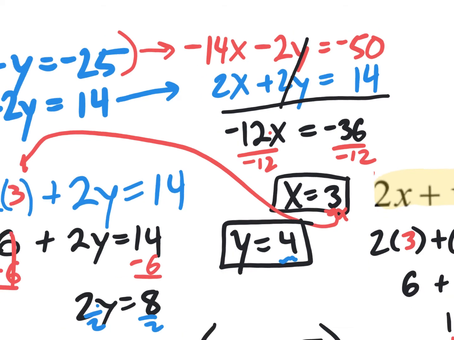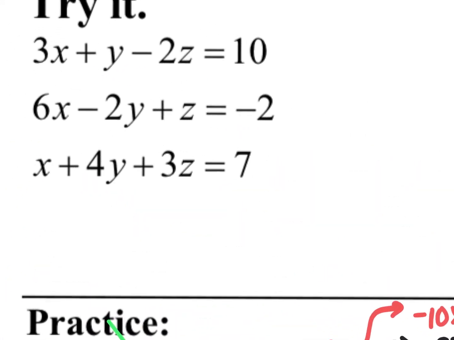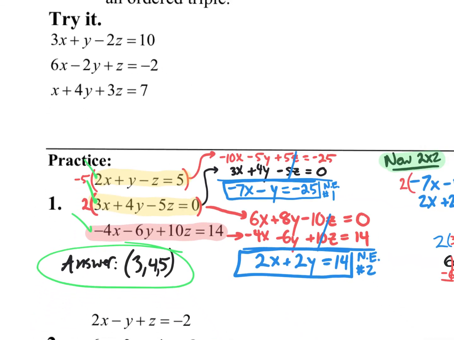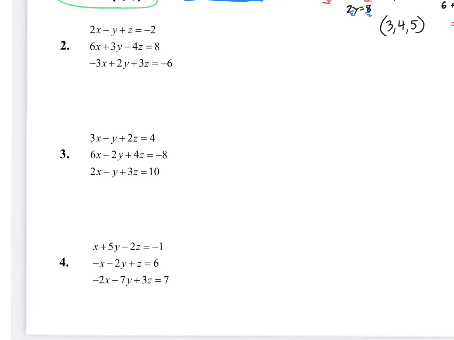So I'm letting you know right now, the above problem is going to work out beautifully. You might want to try that. You'll get 3 answers, x equals something, y equals something, z equals something. And out of these 3 that are left for homework, one of them is going to be an ordered triple, another one's going to be an IMS, and another one's going to be no solution, okay?